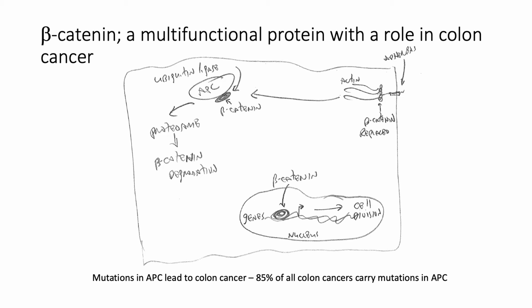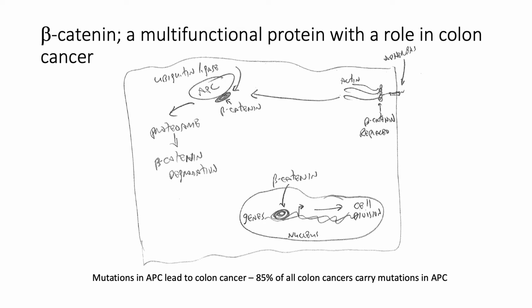Now, under some conditions, in response to certain growth factors, the beta-catenin does not interact with APC, and it is modified and sent into the nucleus. That's what I'm showing at the bottom. So it happens only in response to certain growth factors.